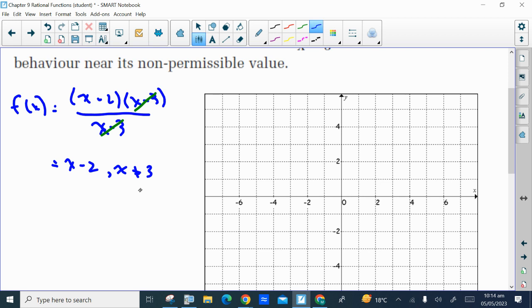The restriction that x can't equal 3 comes from the original expression. When you simplify it, though, you'll get an answer of x minus 2. But the restriction still holds true. X cannot equal 3. So when we find out what f of 3 is using the simplified expression, 3 minus 2 is 1, that tells us the y value at the point of discontinuity. Our point of discontinuity is at (3, 1).